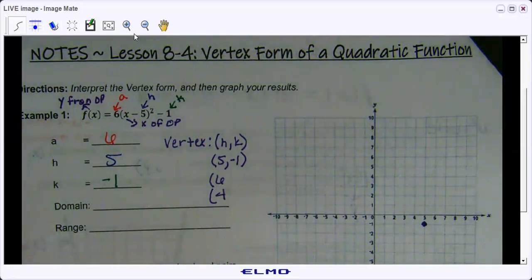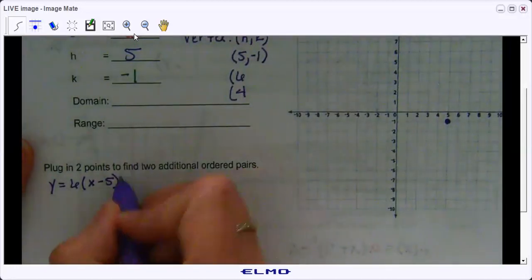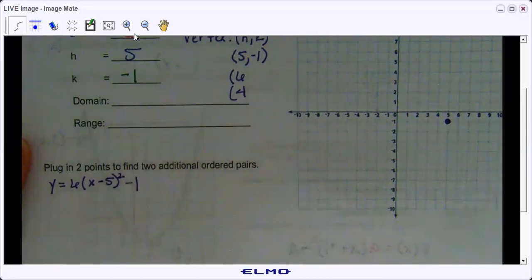So our equation up at the top, it's right here, is y equals 6 times x minus 5 squared minus 1. So what we're going to do is we're going to plug the x in the 2 points. We're going to plug that in to solve for our y, so that now we have an ordered pair to graph.